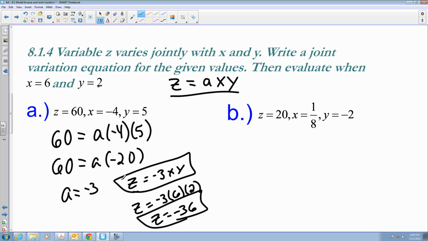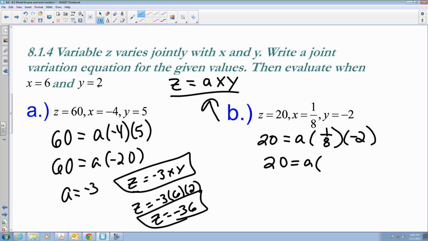Now if I look at example B, I'm going to do the exact same thing. I'm going to use this equation, first substitute in these values for x, y, and z, and solve for a. So I've got 20 equals a times, this would be negative 1/4. If I multiply by negative 4 on both sides, a is going to equal negative 80.